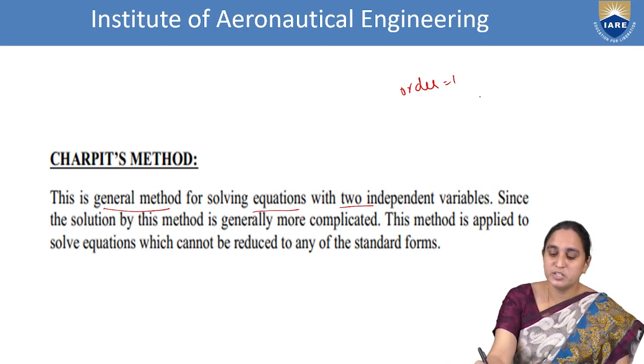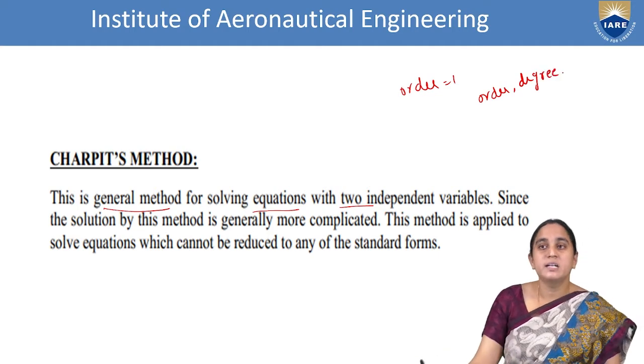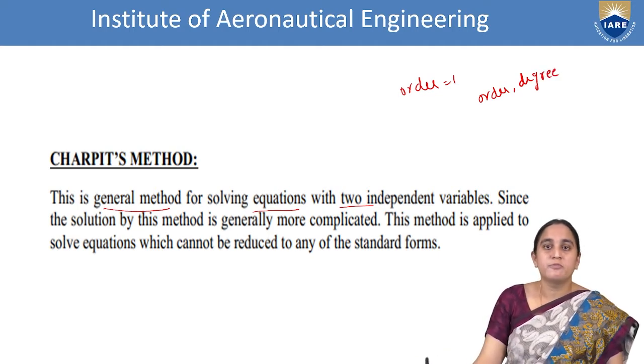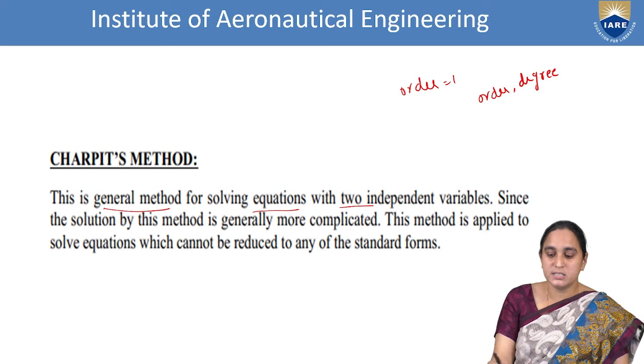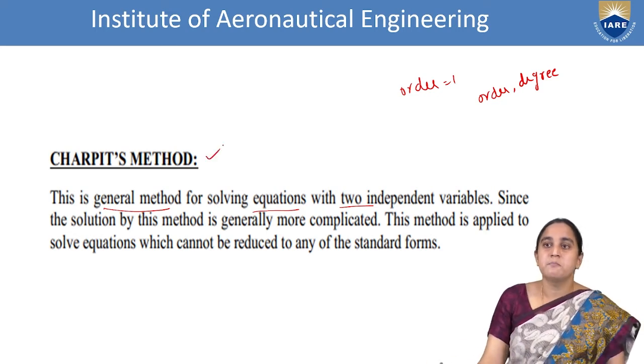Linear differential equation means order and degree are both the same. That type of equation is called a linear partial differential equation. Already we discussed linear partial differential equations, Lagrange's method, in the previous sessions. But in this session we discuss non-linear partial differential equations, that is Charpit's method.